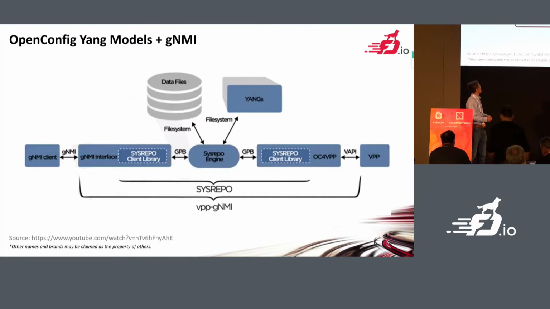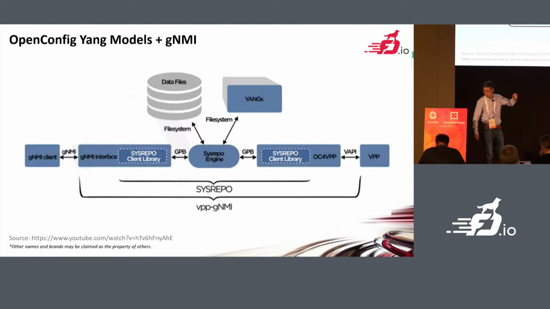The gNMI server will configure its information to the sysrepo engine through the GPB protocol. And also, the sysrepo engine will configure its information to the data files and the Yang models. When the sysrepo engine detects the configuration change, it will notify the sysrepo client library. Here, the OpenConfig to VPP plugin will configure the change to VPP through the VAPI.